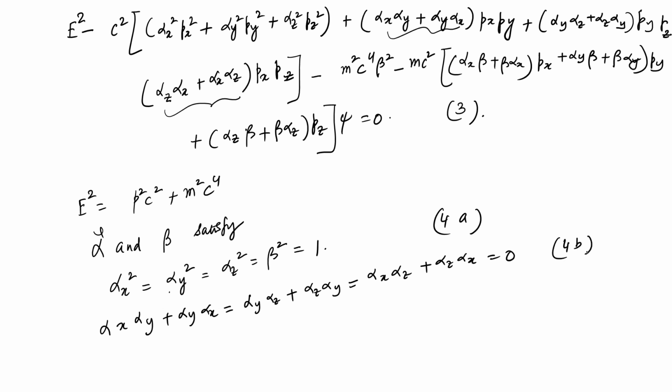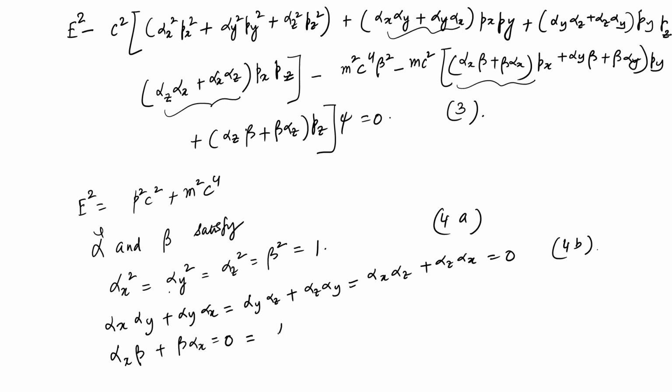So, let us say this is 4b. Not only do these alphas anti-commute with themselves, alphas also anti-commute with beta. So, alpha x beta plus beta alpha x is equal to 0 as well, because if you see these things, there is no linear term in p in the dispersion in the E square form. So, they would be 0 as well.